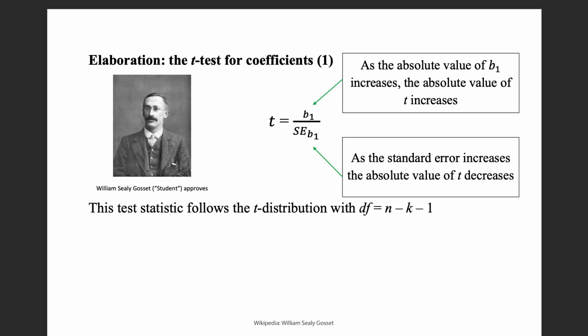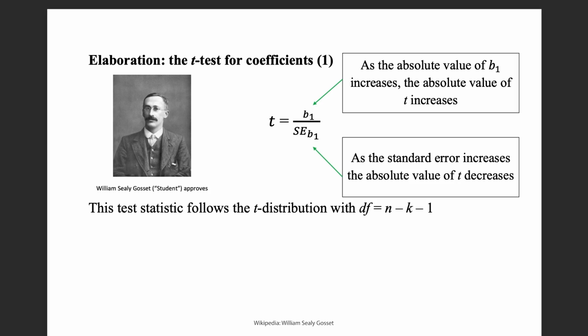I said we're going to talk about the degrees of freedom for this test. It is actually defined for regression models in general as n minus k minus 1. So n stands for the sample size, k stands for the number of independent variables in your model, and the minus 1 is because we're also estimating a B0 coefficient, a constant.